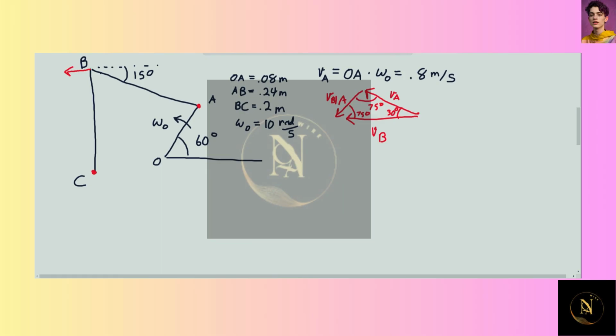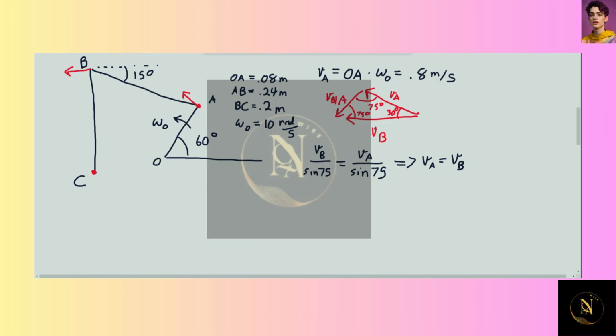Point A is moving up and to the left, and that's where we get the 30-degree angle from. So we can use the law of sines then to help find VB. We know that VB over the sine of 75 degrees should equal VA over the sine of its opposite angle, which is 75 degrees, which then tells us that VA equals VB.